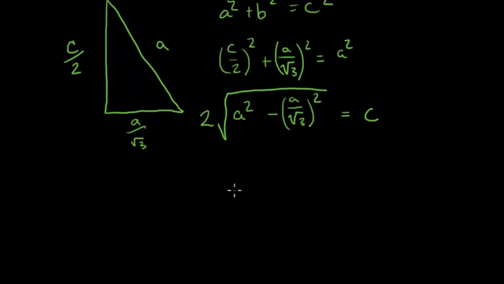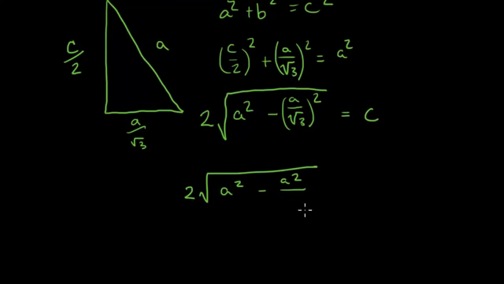Now let's distribute the square into this fraction here. So we get 2 square root of a squared minus a squared over 3.